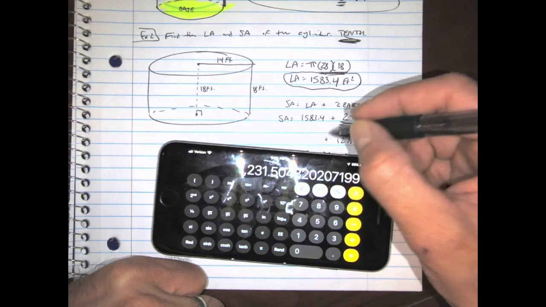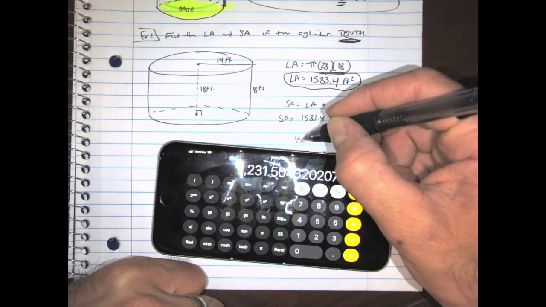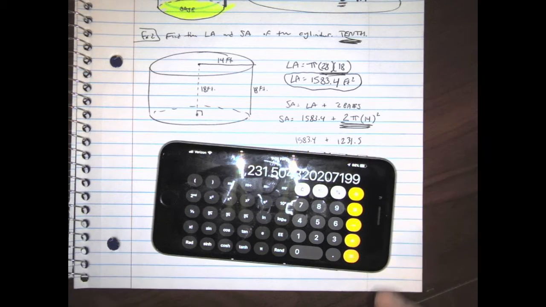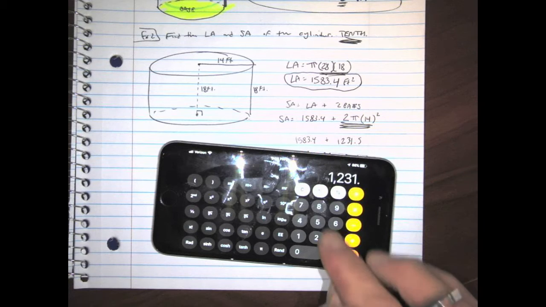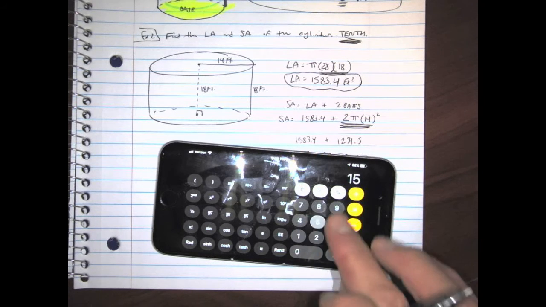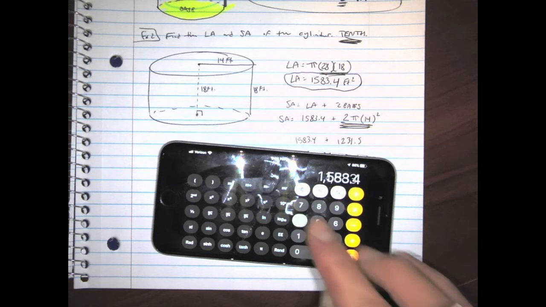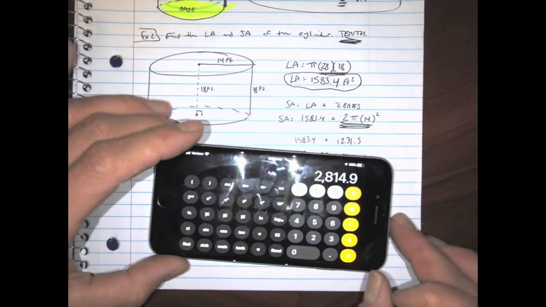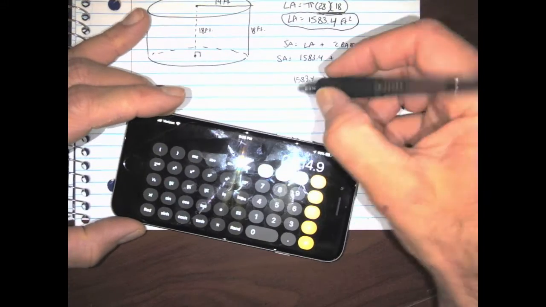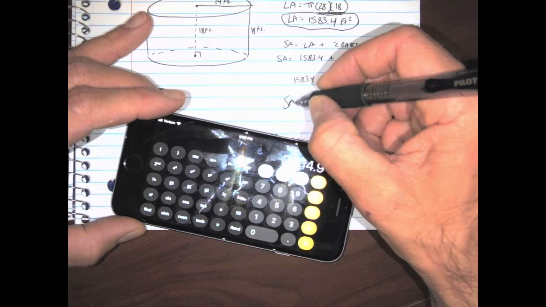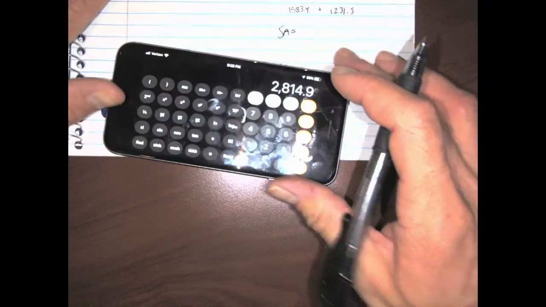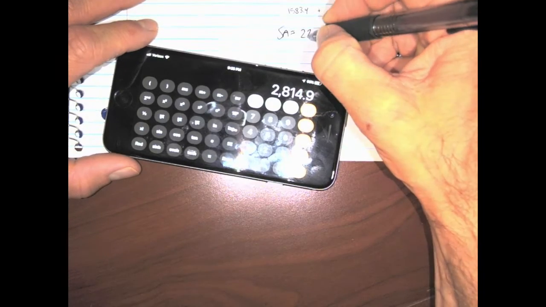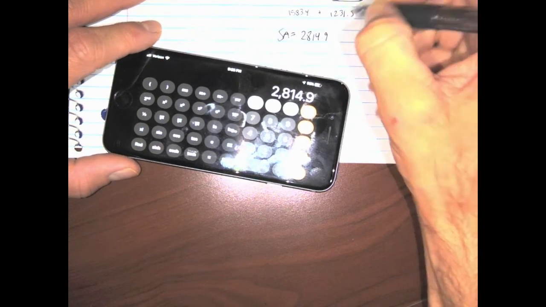I'm going to add that to the lateral area, 1583.4. That looks about right. Everybody's surface area. If you were to paint every surface, the top, the bottom, and the curved side, you're going to get 2,814.9 feet squared.